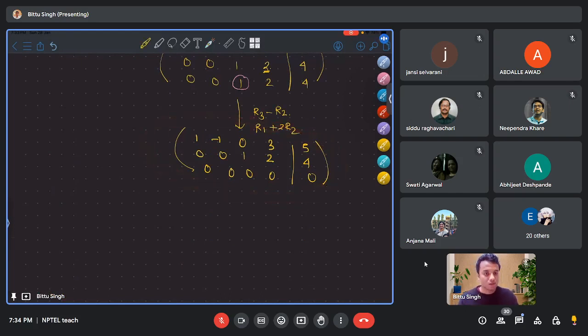So solving the first system and solving this system will give the same solutions. So solving the reduced system will give the same solution.